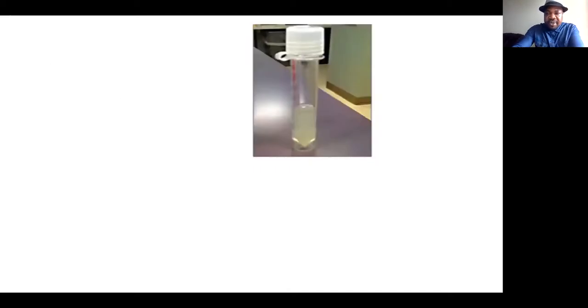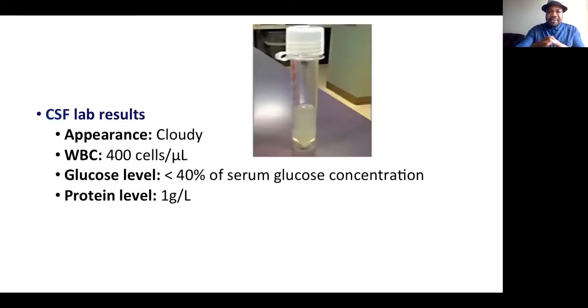So this patient's CSF lab result comes back, okay? The appearance is cloudy. You can see here, it's not clear, it's cloudy, and for the white blood cells, you have 400 cells per microliter.